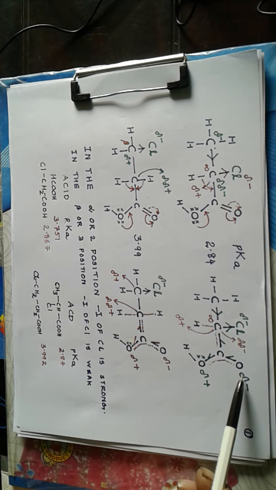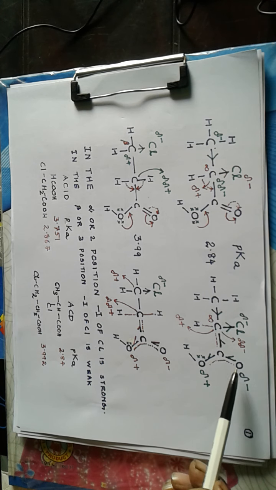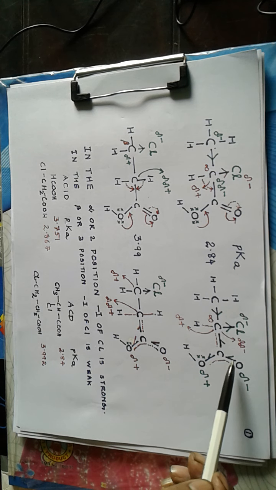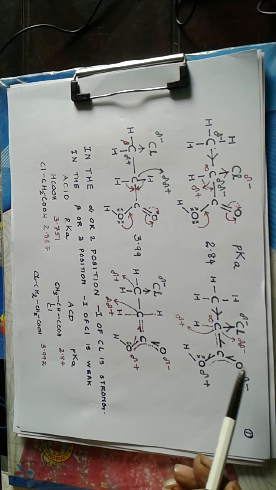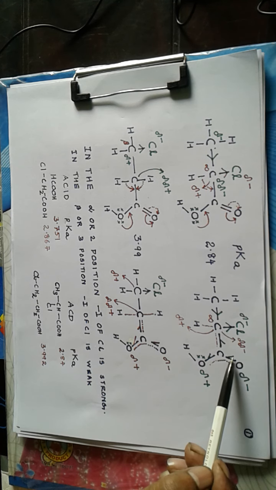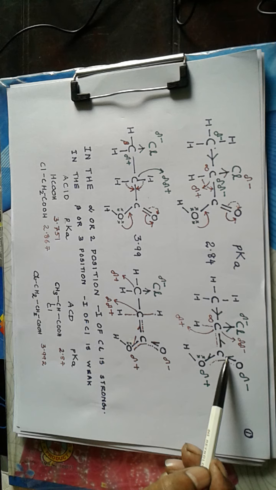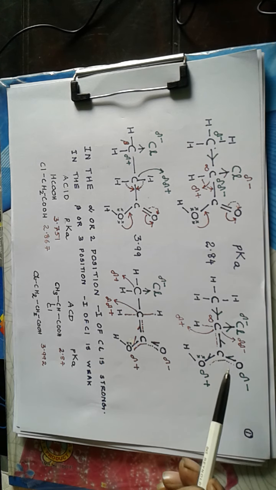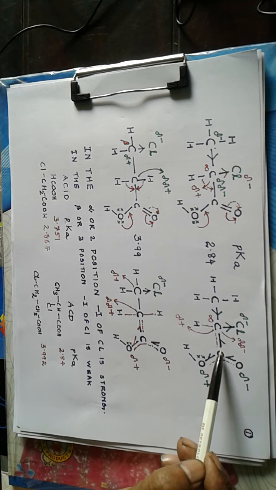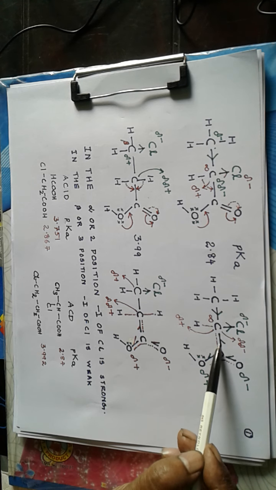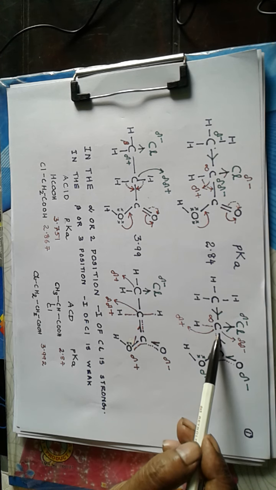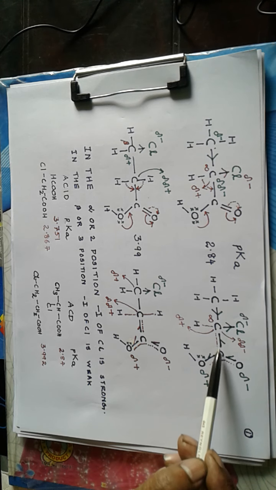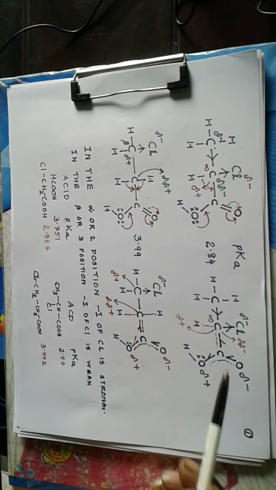So, this delta negative oxygen will show a plus I effect where the electron pair shifts in this direction, and when it comes to this carbon, it is a junction where the electron flow is divided between this carbon-carbon bond and this carbon-oxygen bond.